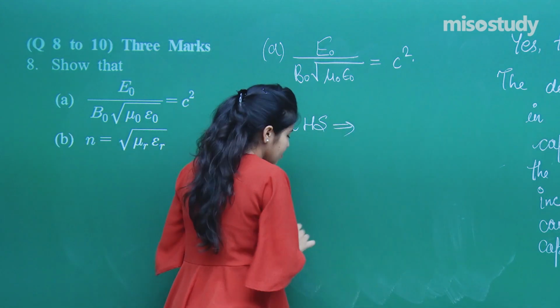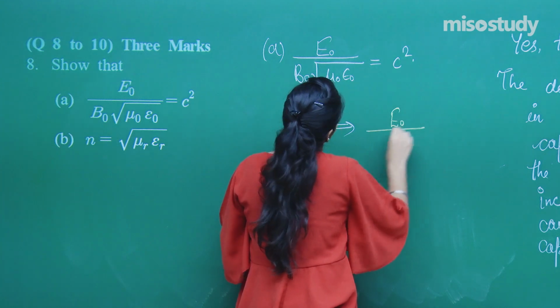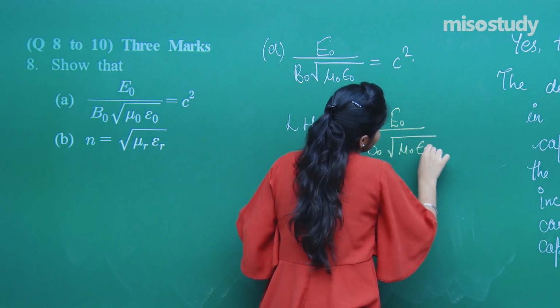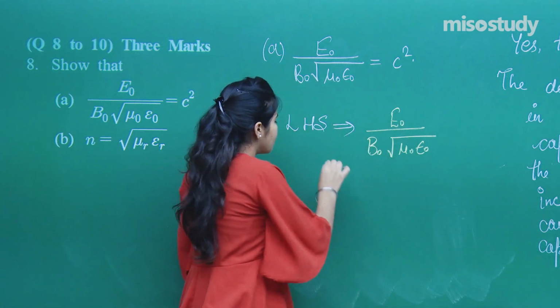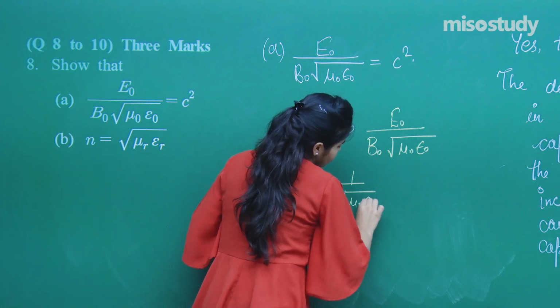Left hand side is E naught upon B naught under root mu naught into epsilon naught. Now, we know that C equals 1 upon under root mu naught epsilon naught.